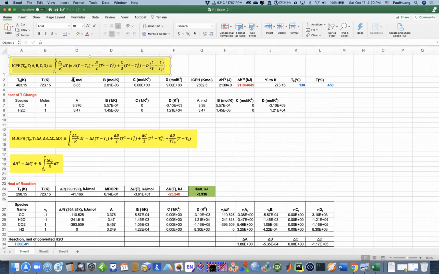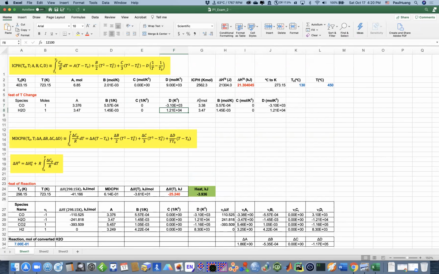Basically, those would be the two equations that we are going to utilize. And you can see that I put together those A, B, C, D coefficients, but pay attention to the unit, right? Whether it's 10 to the -3 or +4, you have to pay attention to those coefficient values.